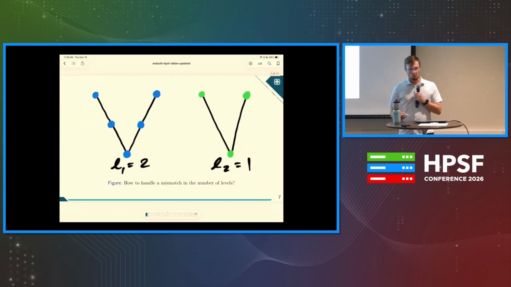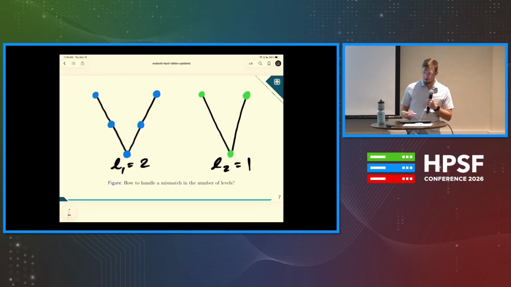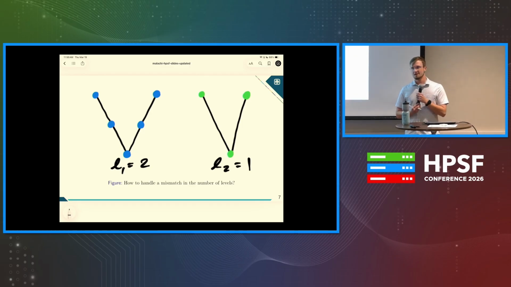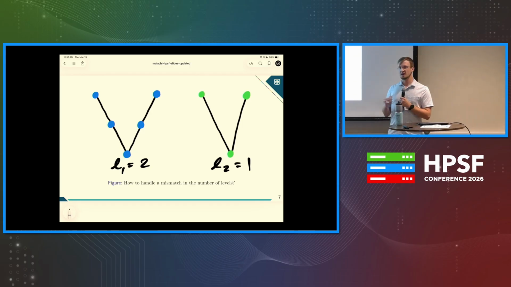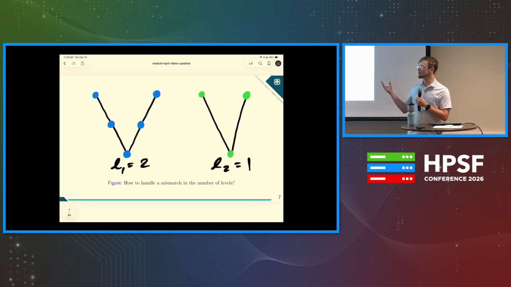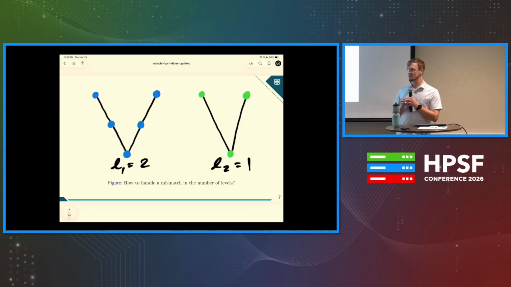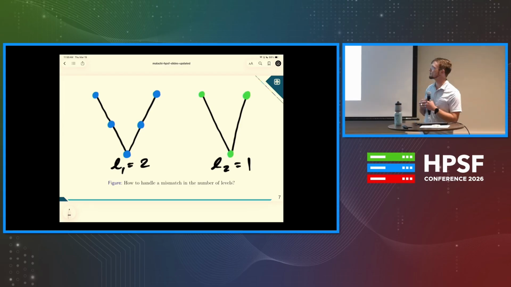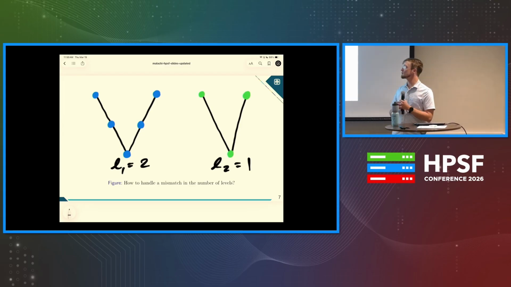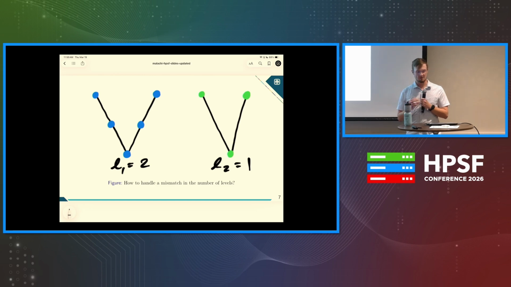And so one thing now that we have to consider is the question of, I run MueLu to get my algebraic multigrid cycles for each of my physics, but what if the number of levels doesn't match, right? So in this example here, the one on the left has 3 levels, the one on the right only has 2 levels.